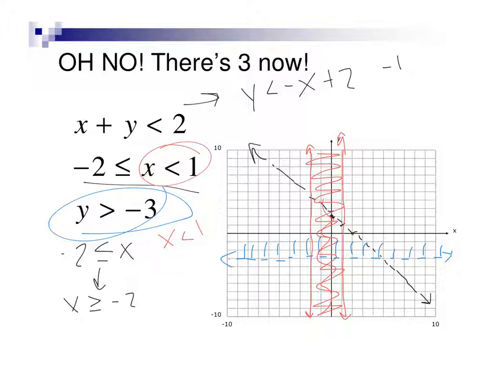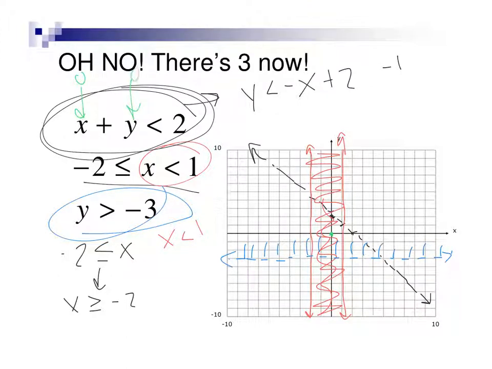Okay, so notice that I only actually have to test a point for x plus y is less than 2. So again, I'm going to test out 0, 0. That's right there. Okay, so if I sub in 0, 0 plus 0 is less than 2. Is 0 less than 2? Yes, that is true. So for the black line, I'm going to shade towards the black line.